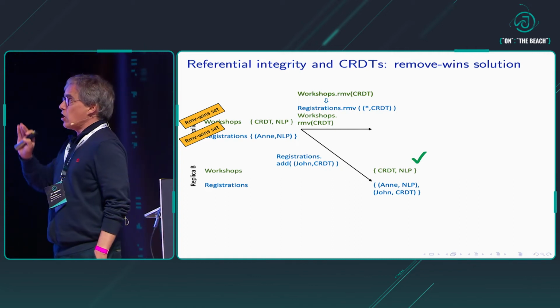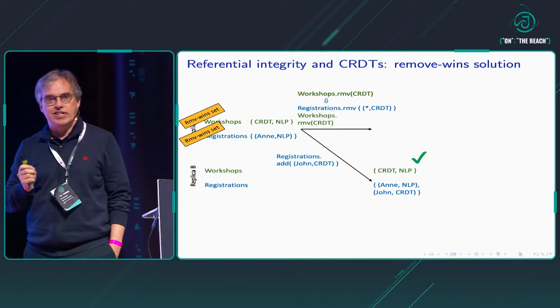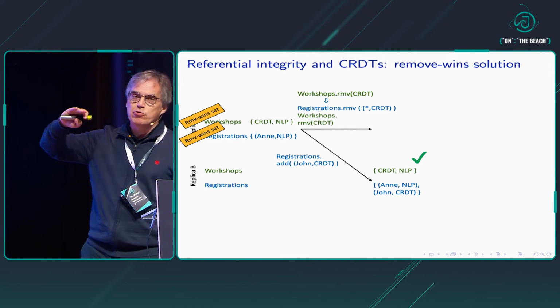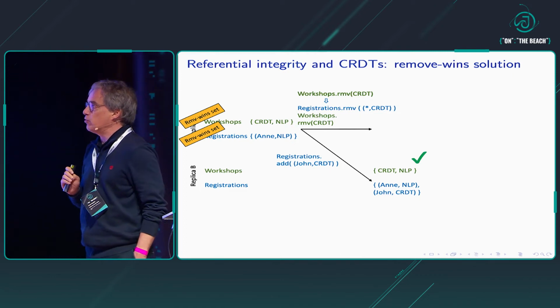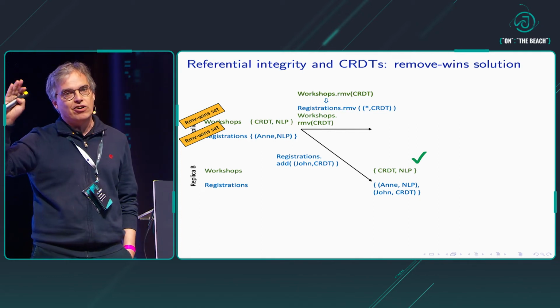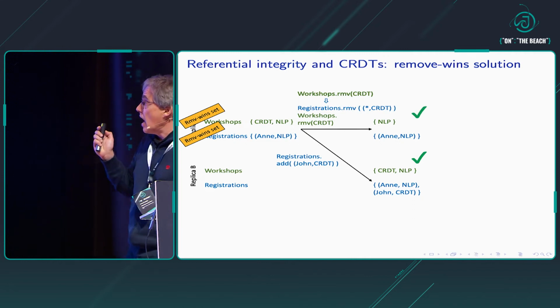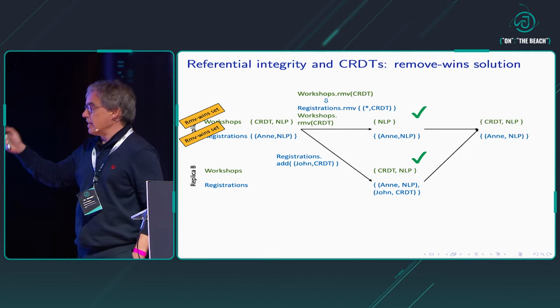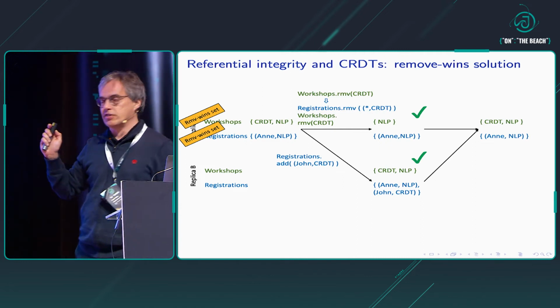Because we want to do a remove operation on the set, but we want to remove any person that might enroll. So we need to have an operation that adds a kind of remove anything on the CRDT workshop. And with this, we can merge and have John not being in the registration set.